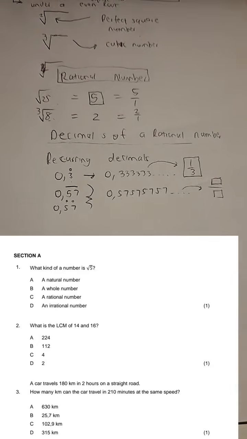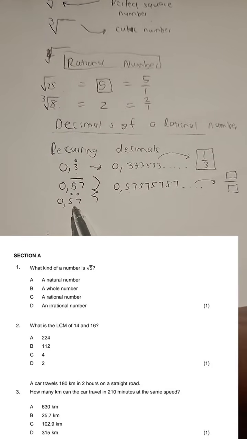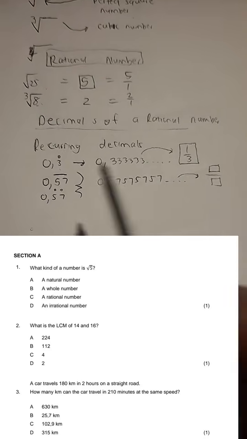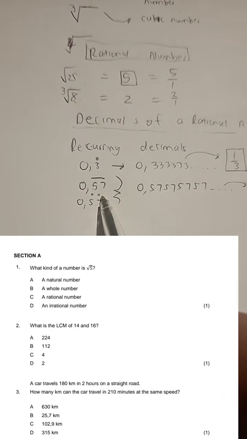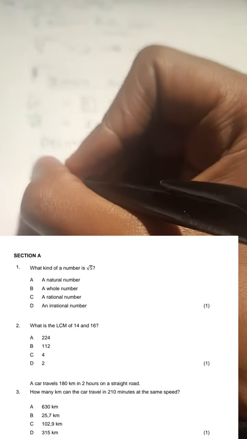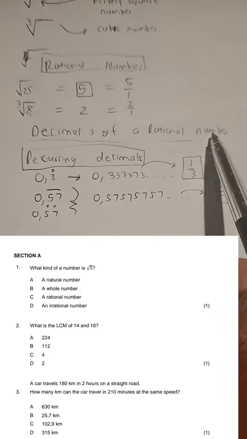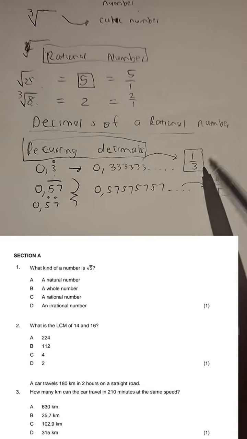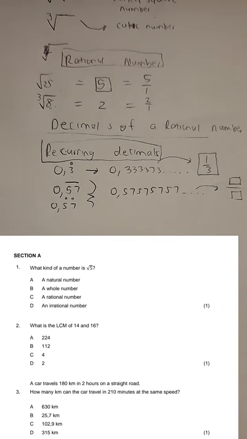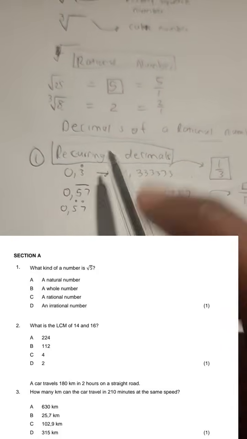You guys should have learned how to convert a repetition of 2 digits after the comma into a rational fraction. Remember that a line above numbers or dots above numbers indicates repetition. Those are what we call recurring decimals. Recurring decimals are rational numbers because they can be written as fractions where the numerator and the denominator are integers. So that's one camp that rational number decimals fall under, recurring decimals.